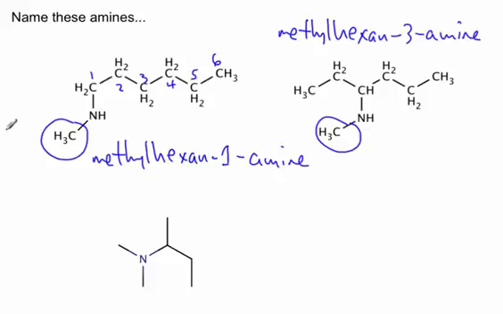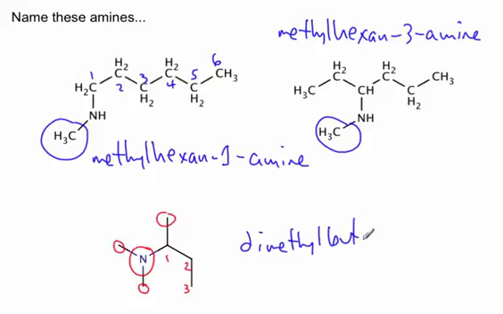Finally, here's my tertiary amine, and the branches. That's a methyl branch, that's a methyl branch, and what do I have here? 1, 2, 3. And on carbon 2 of that, I have a methyl branch. So this becomes a little more complicated. It becomes dimethyl butane.